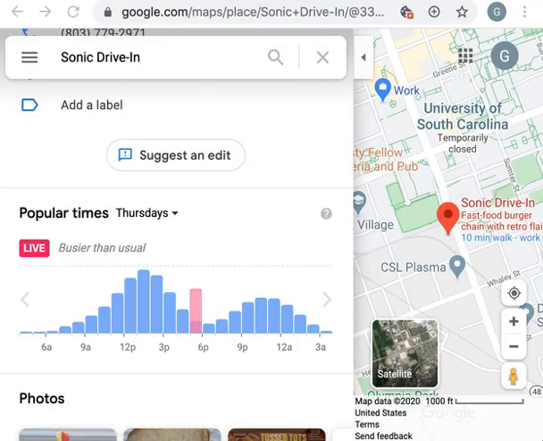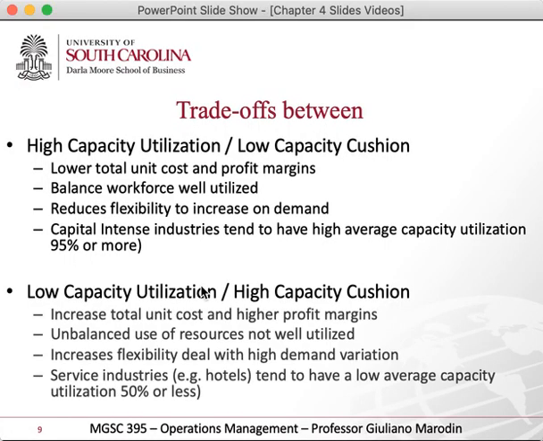That means the average capacity cushion is high and their average utilization is very low. Of course, now we're in a COVID situation where everything is different. So here are some of the things that happen with high margins and imbalance: hotels and other services that cannot produce ahead of time usually have a low average utilization and a high capacity cushion.